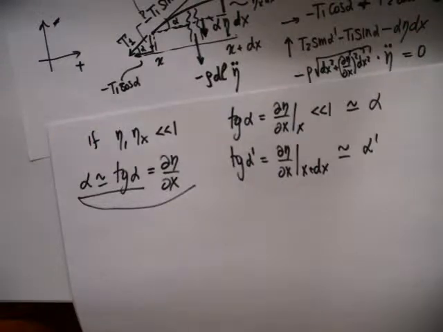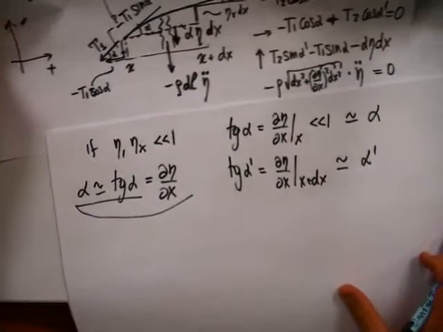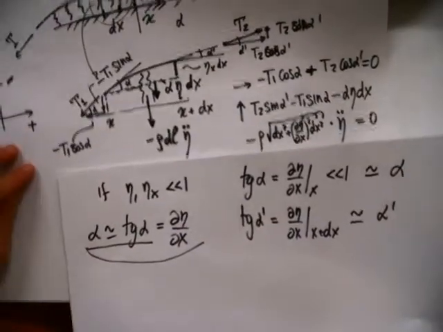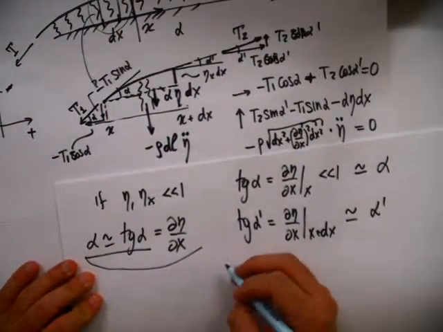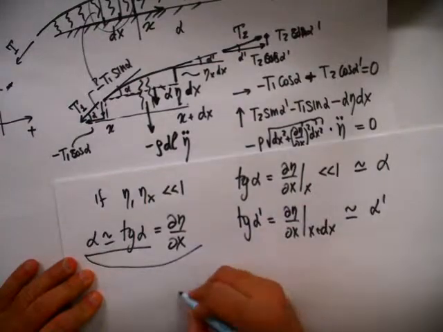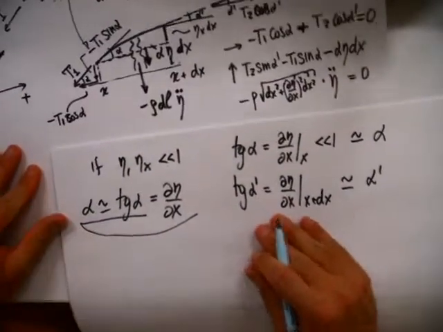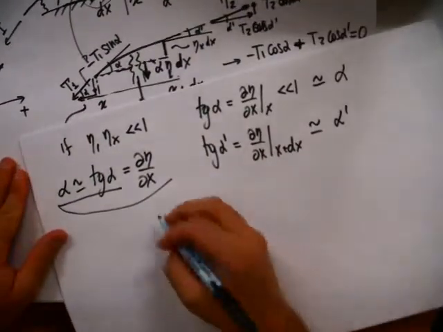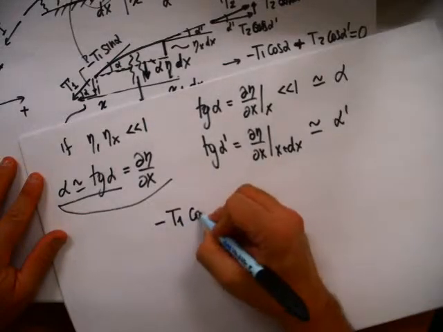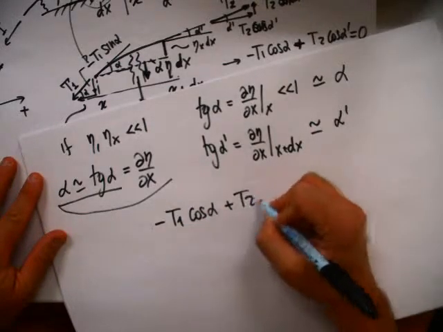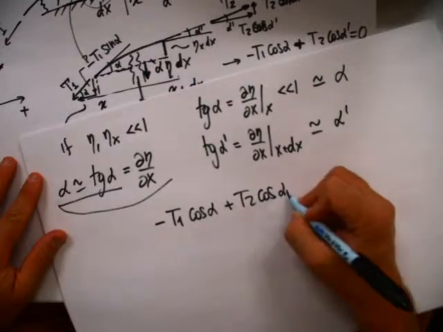And let's see how these equations simplify, because let's write them. The first equation is going to be minus T1 cosine of alpha plus T2 cosine of alpha prime equal to 0.